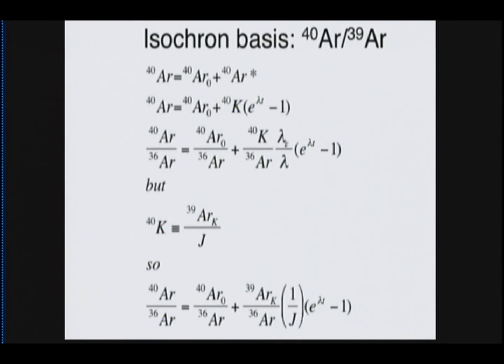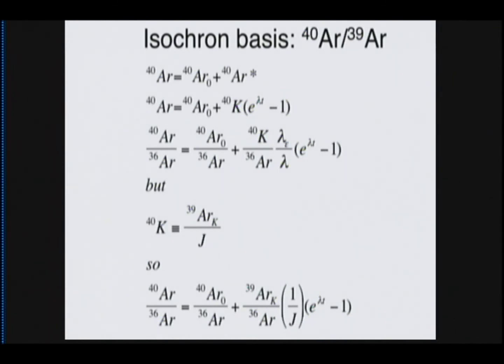And now finally I want to mention isochrons in the context of the argon-40/39 system. So this is very much analogous to what I mentioned earlier with the potassium-argon system. We can write the argon-40 as a function of the initial argon-40 in a sample times the radiogenic argon-40, which can be written this way. Divide through by a common isotope, again, as before, using argon-36.